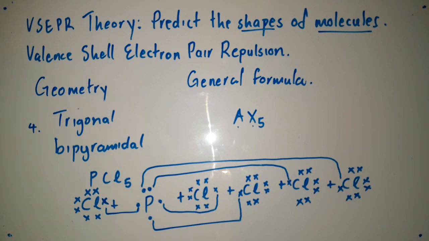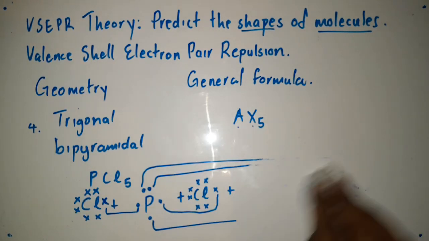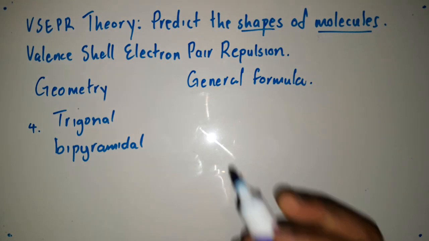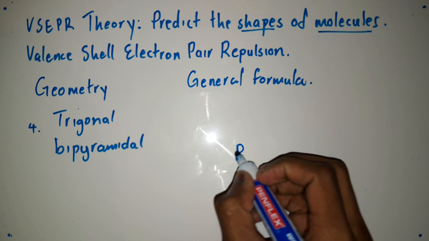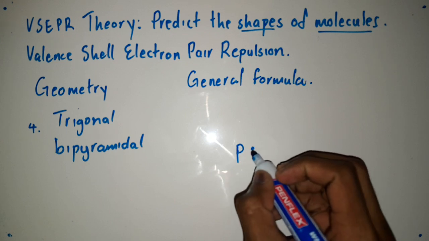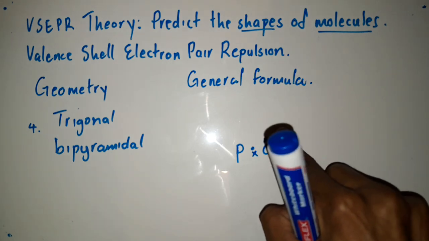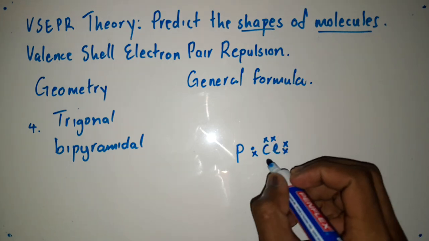Then at the end of the day, I'm going to get a structure which is, oh, this one is going to be much complicated. But what I can do is let me just erase almost everything so that I can write it nicely. That means I'm going to have something like this. P, don't forget, going to pair with the first Cl, over here, like this.